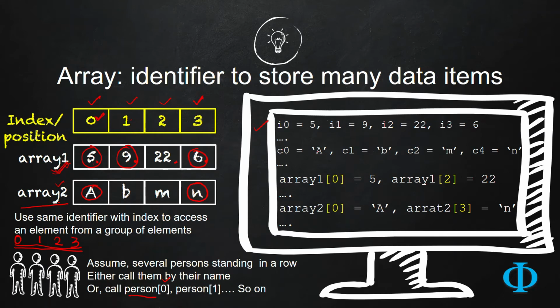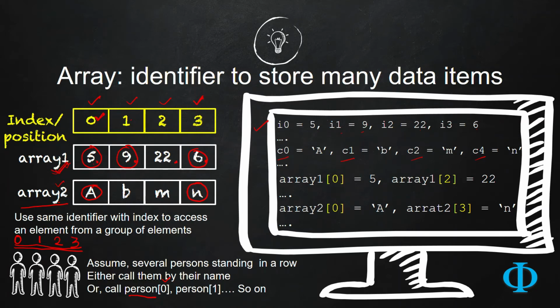One way of identifying them is using different variable names, like I0 equals 5, I1 equals 9, I2 equals 22, I3 equals 6. Similarly, when you want to identify four different characters, you can use four different variable names like C0, C1, C2, C3, or whatever variable name you want to use.